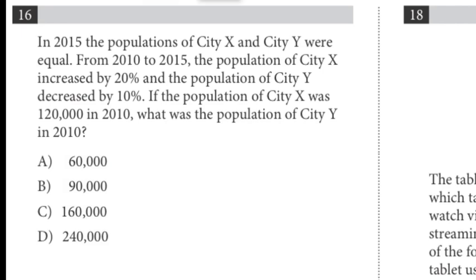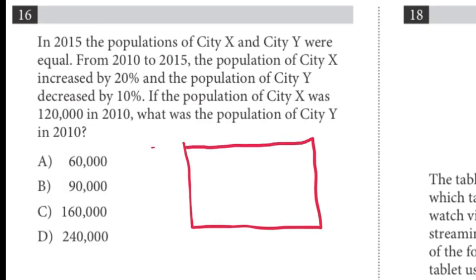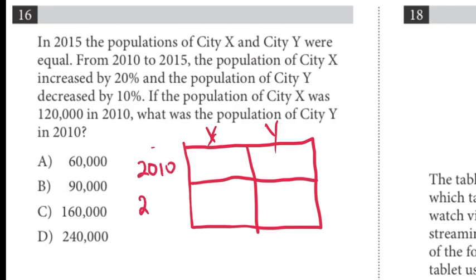All right, I'm going to set up a chart here so this is a little easier to digest. Okay, so we have City X and city Y, and we have 2010 and 2015.